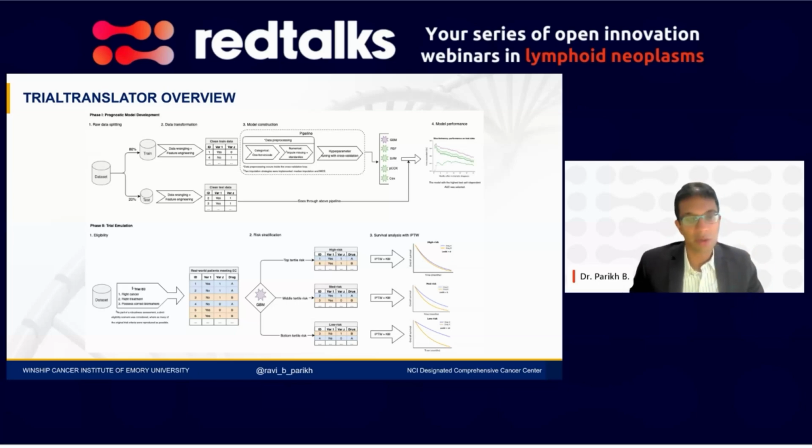Within each of those disease-specific data sets, we first split the data into training and testing data sets. From the training data sets, we extracted a whole host, almost 500 variables, based on longitudinal EHR or genomic sequencing data.